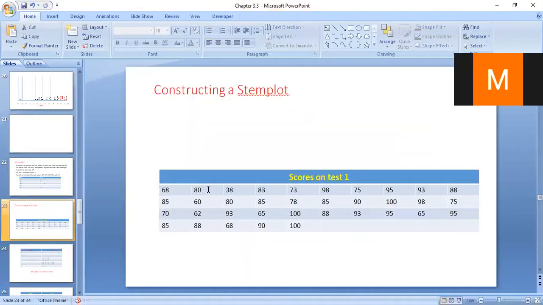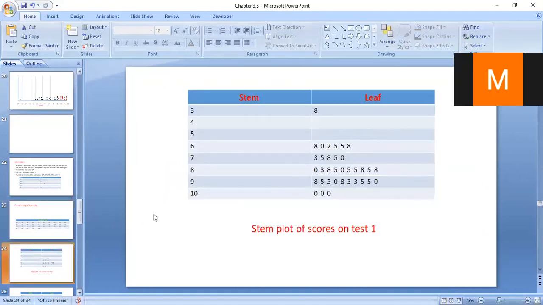Here you can see 80, 83, 88, 85, 80, 85, 85, 88, 85, 88, and you plot in this one.